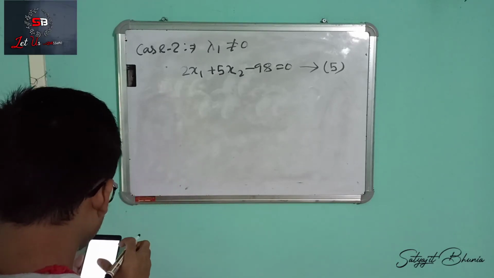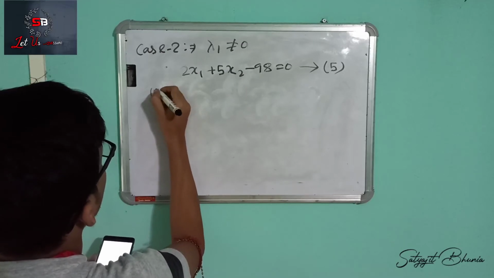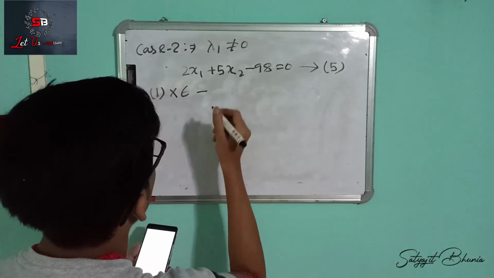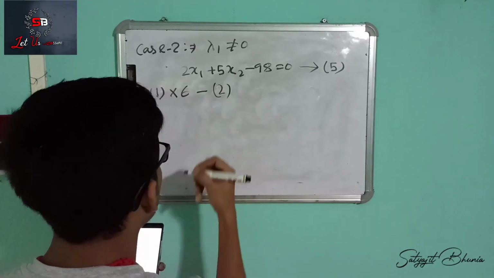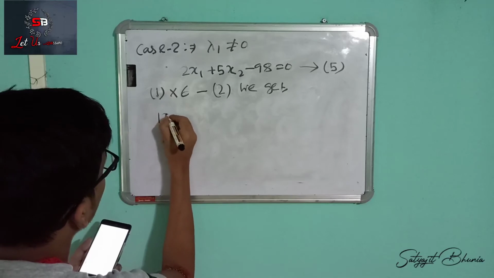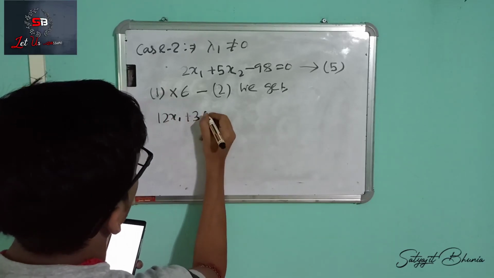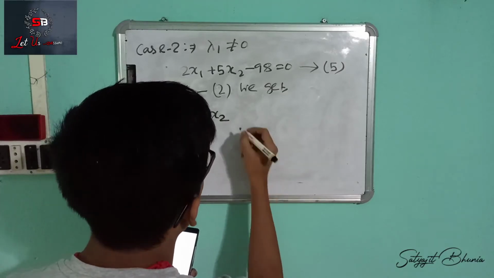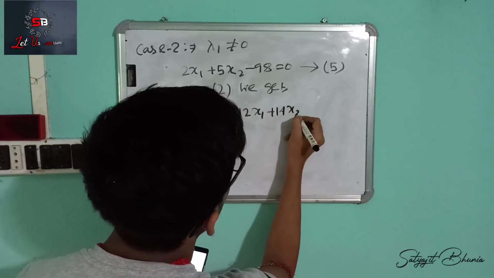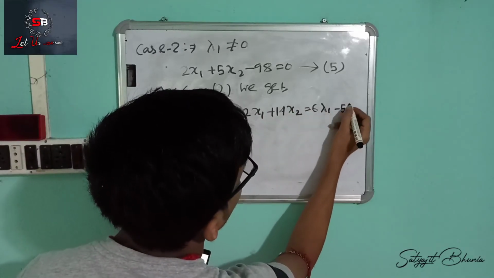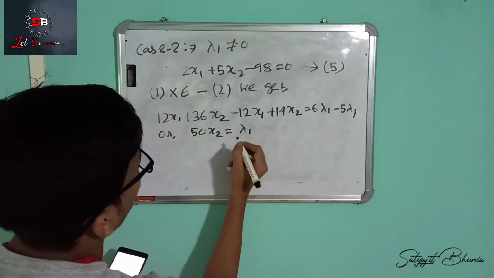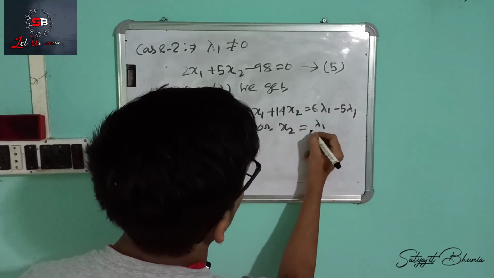So for this, 1 is multiplied by 6 and 2 is multiplied by minus 2, we will get 12x1 plus 36x2 minus 12x1 plus 14x2 is equal to 6 lambda 1 minus 5 lambda 1, that is 50x2 is equal to lambda 1, or x2 is equal to lambda 1 by 50.